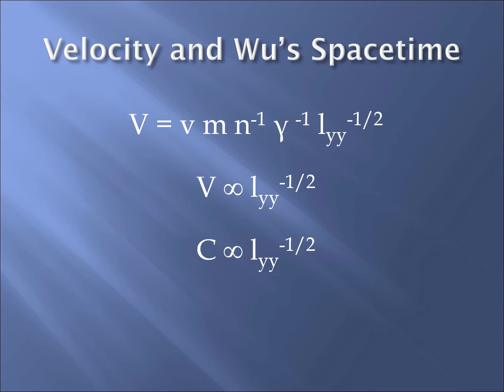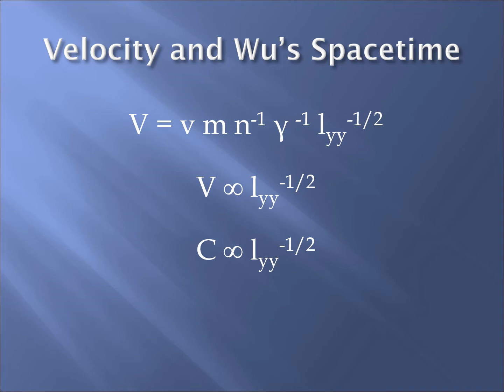For corresponding identical motion, the amount of normal unit velocity, small v, is a constant. Therefore, the velocity, capital V, is proportional to LYY^(-1/2).